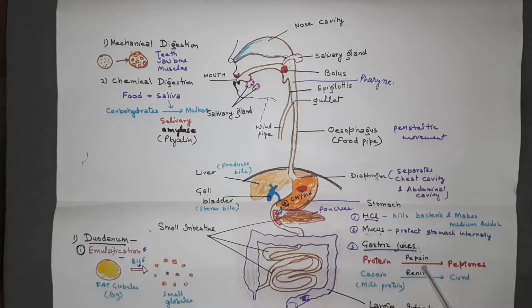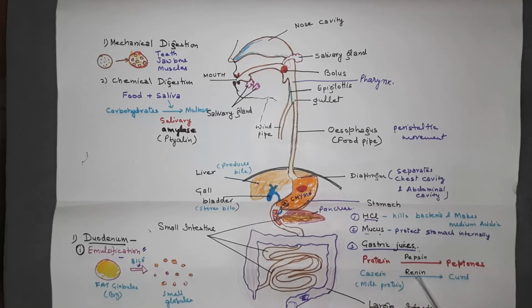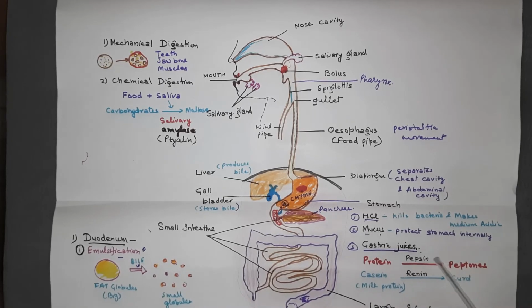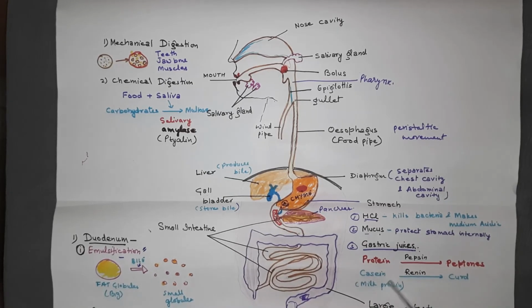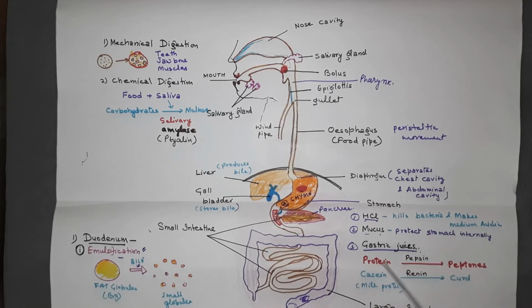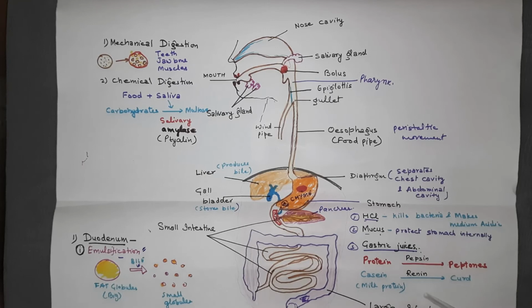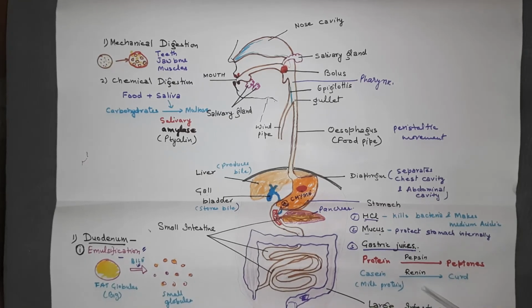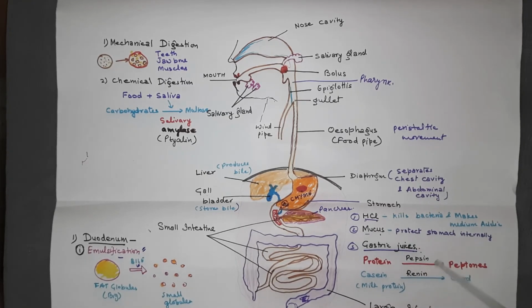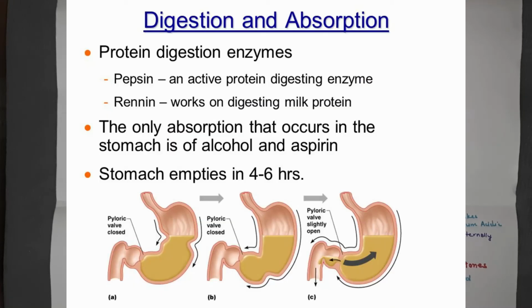When the child depends only on milk, it is digested with the help of renin, but after that the milk protein is digested along with the other proteins present in the food. And one more is gastric lipase, which digests fat partially, not completely. So some digestion of proteins and fats occurs in the stomach.